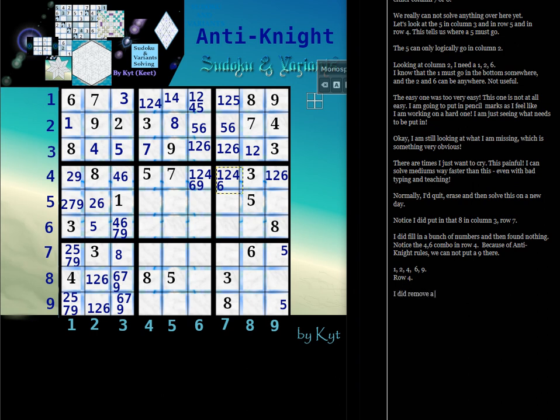I did remove a 9 because it was impossible for it to go there given the anti-knight rules.